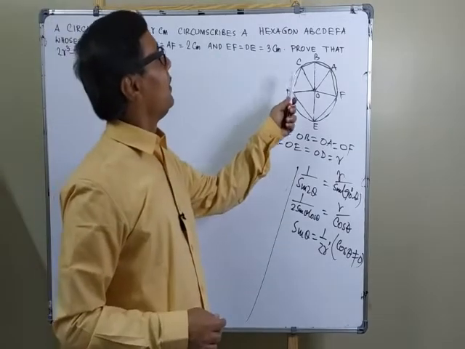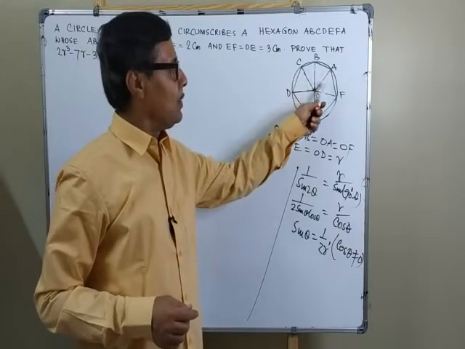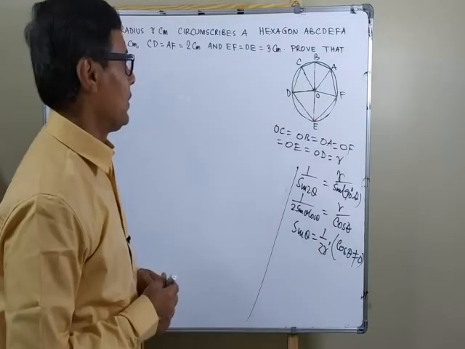Now in the same way we can show that triangle OCD and triangle OAF are also congruent to each other.